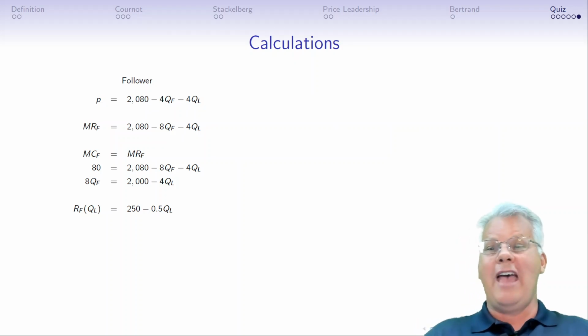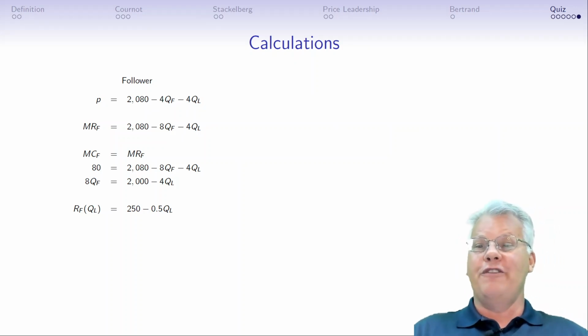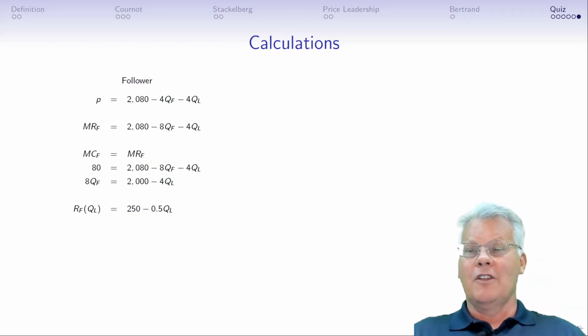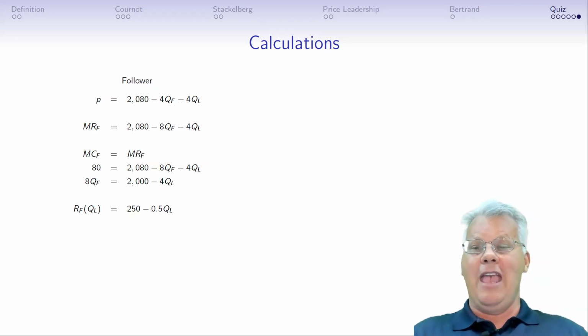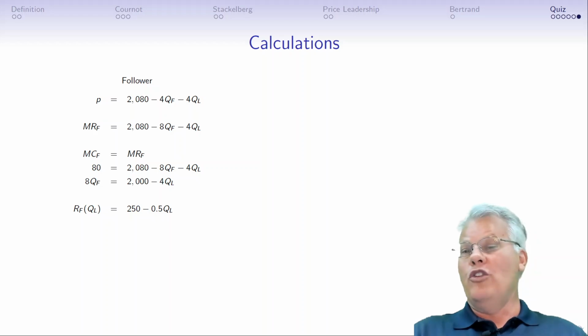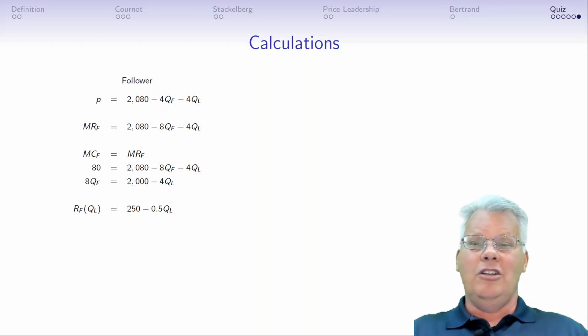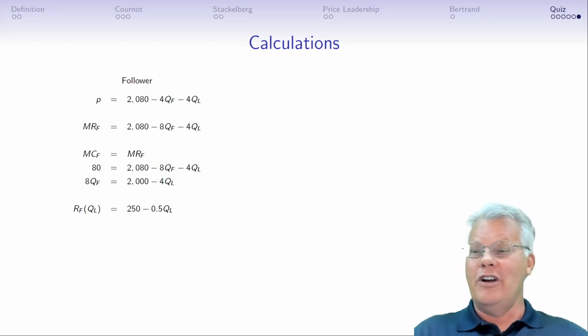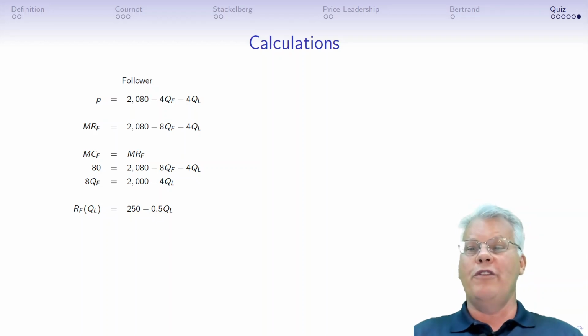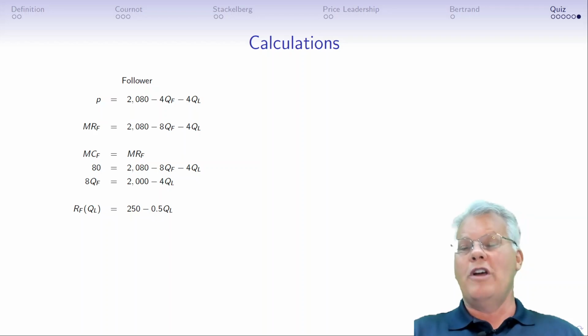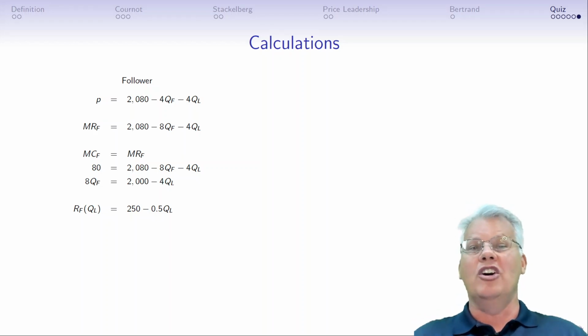So to do that, we have first the follower's problem. We have inverse demand and total revenue for the follower firm, which I don't show, but you understand what it would be. I differentiate to get the marginal revenue of the follower firm, and set the follower's marginal revenue equal to the follower's marginal cost, giving the follower's reaction function to what the leader produces.